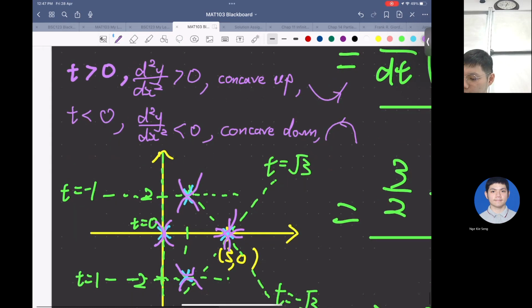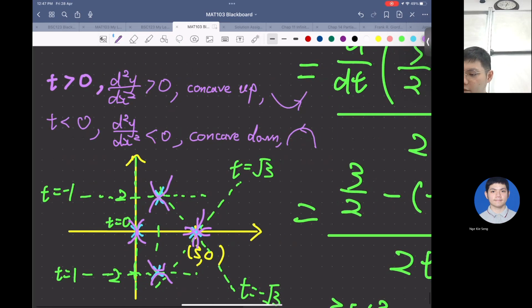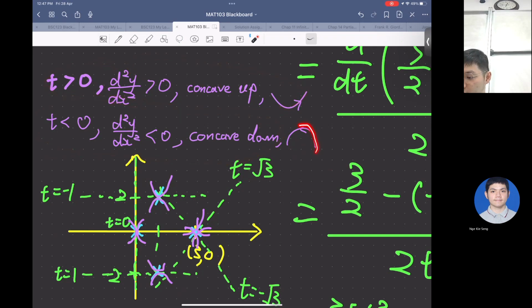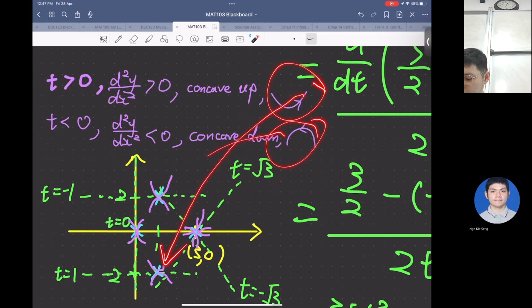So you need to somehow split the time interval into these two parts. So when t is less than 0, it goes from the bottom up and then going down. Going back. And then when t is greater than 0, it goes from the top to bottom and up again. Okay, so you need to put this basic shape and try to fit it into here.